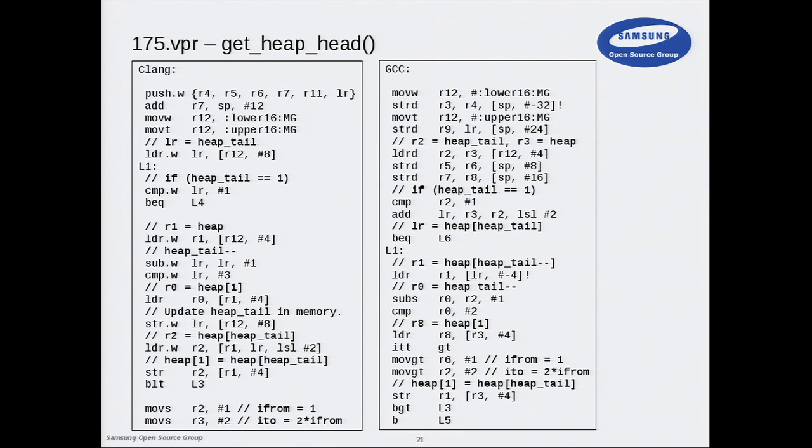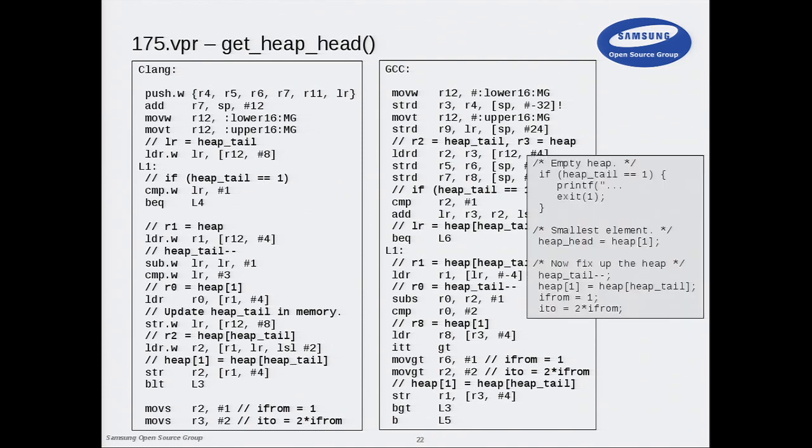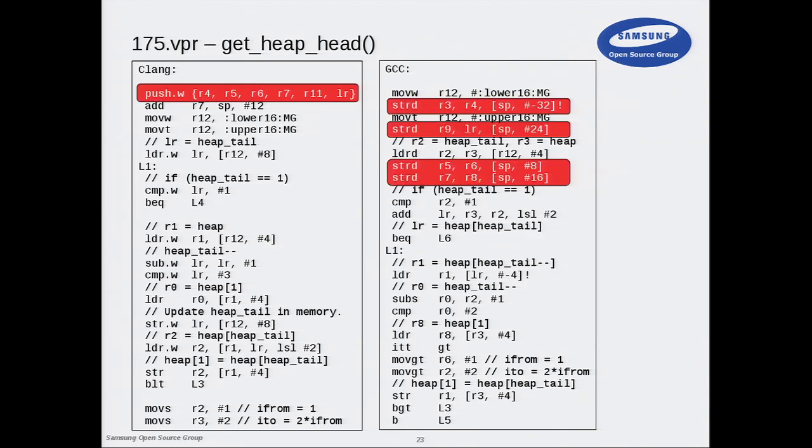the first part. So this is where we have the check for the empty heap, fetch the smallest element, and move the last element from the heap to the front. And the first thing we see here is that in the prologue, where we save the non-volatile registers, we can see that Clang is generating a push instruction while GCC is generating a sequence of paired stores.